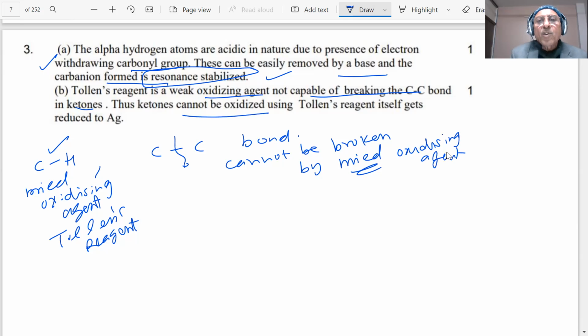The ketone cannot be oxidized, and the reagent itself gets reduced to silver. Silver gains 1 electron and gets reduced. But we have shown you that alpha hydroxy ketones tautomerize in the presence of this to form aldehydes, and hence they can show the positive Tollens reagent test.